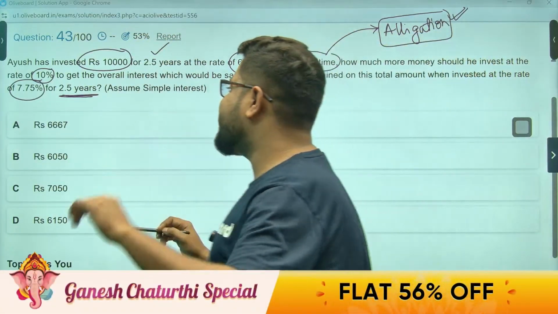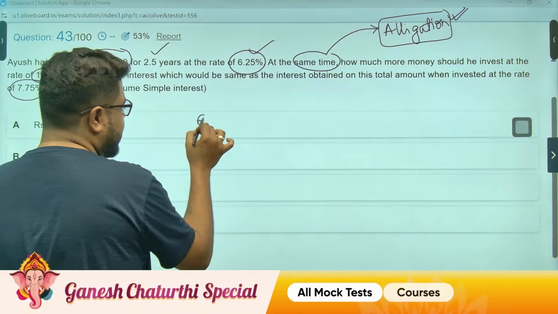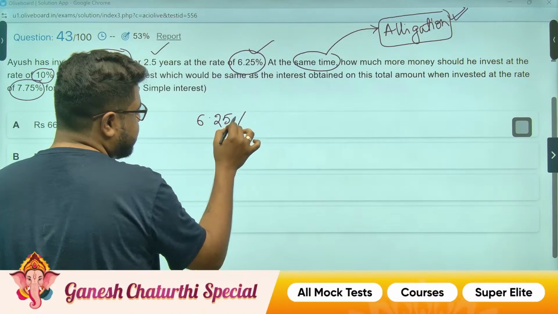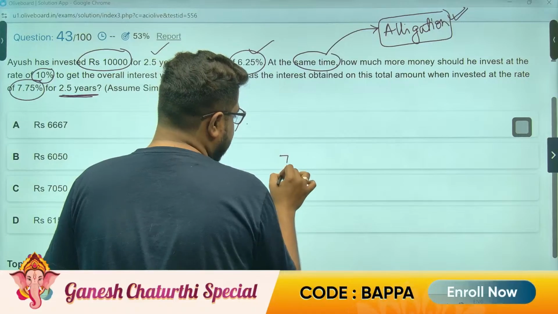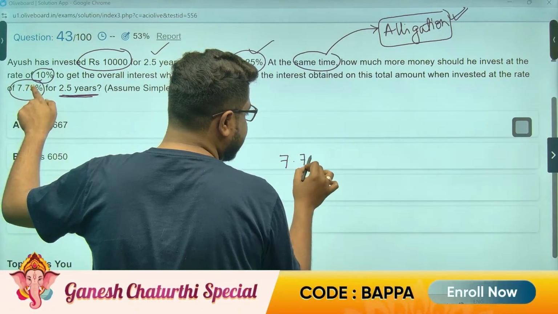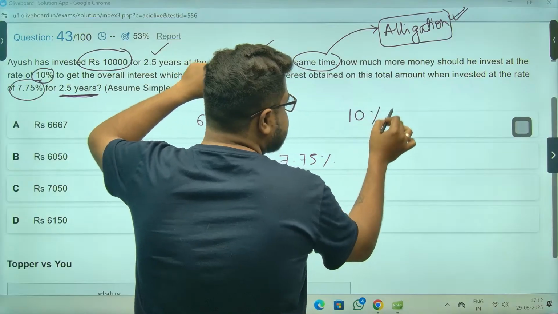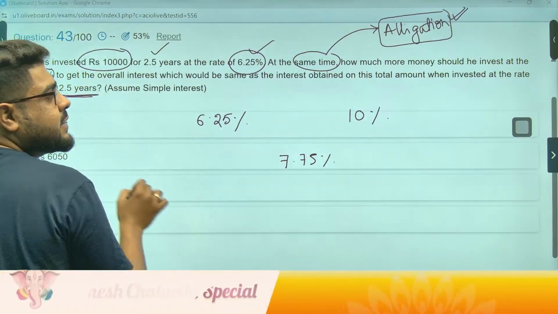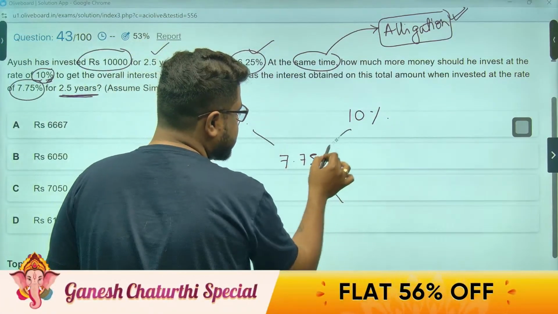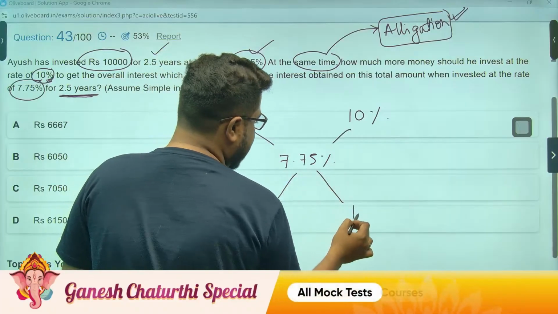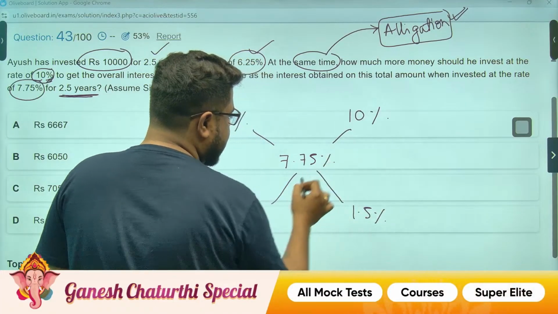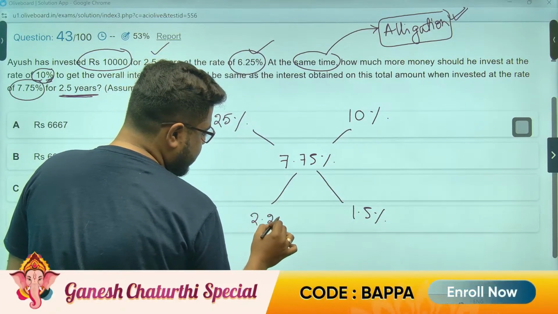So it's as simple as it gets. 6.25% is one part. The other part, I want the mean value to be 7.75%. And the second part, he is investing at 10%. It is given. Just use the ratio, sir. This is 1.5%, and this is 2.25%.